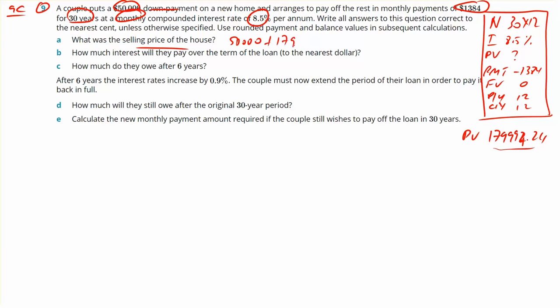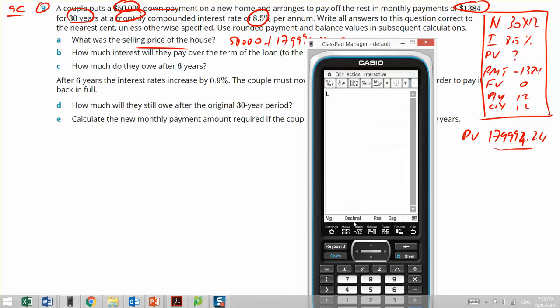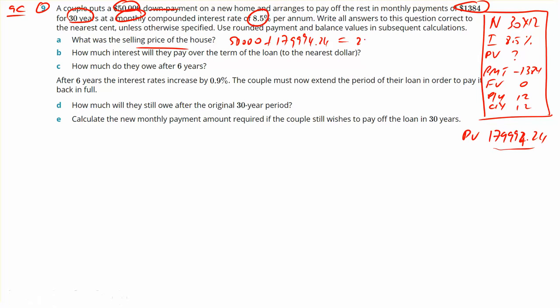So 50,000 plus 179994.24. The purchase price of the house was 229994.24.